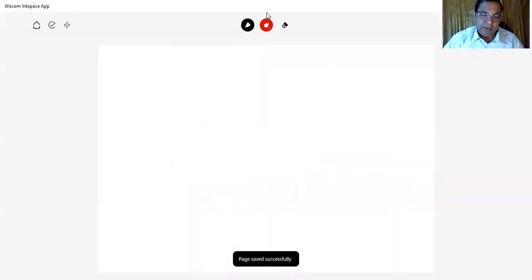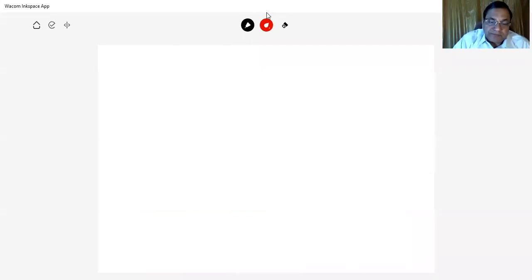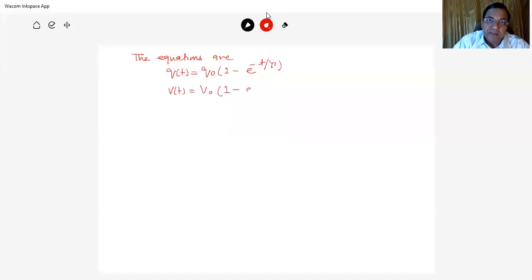So the equations are Q(t) is equal to Q0 (1 minus e raised to the power minus t upon tau), and V(t) is equal to V0 (1 minus e raised to the power minus t upon tau). So these are the equation 6.